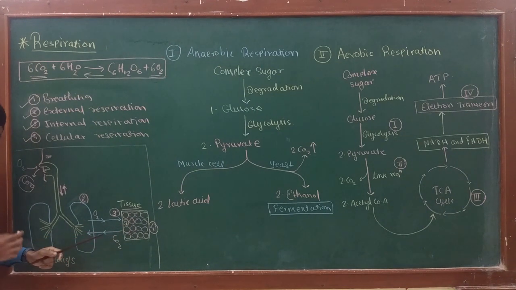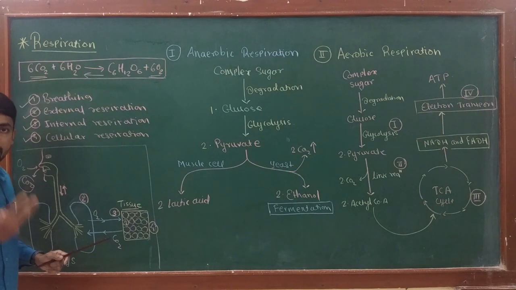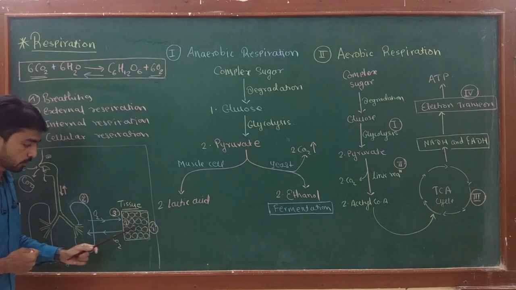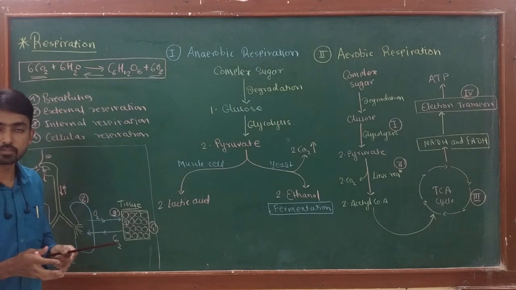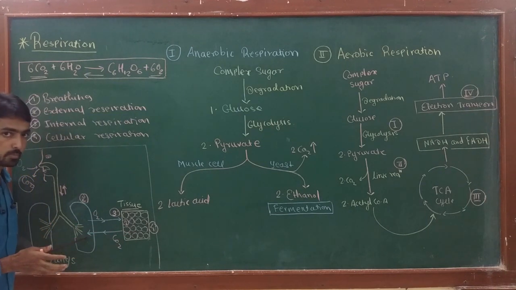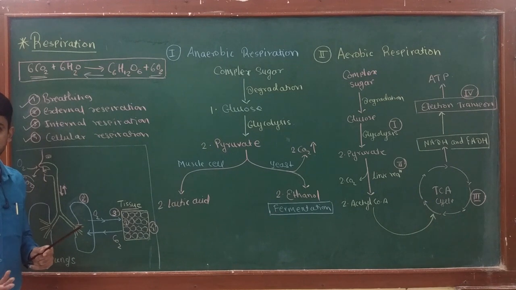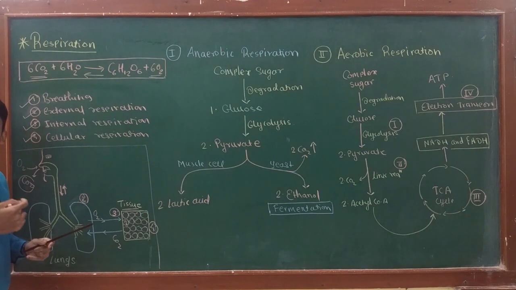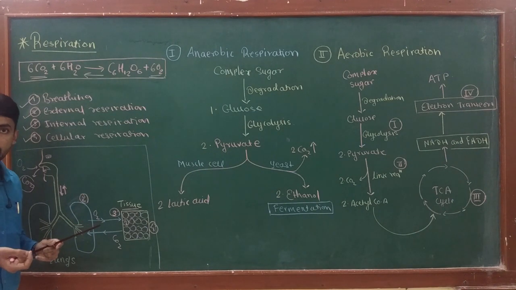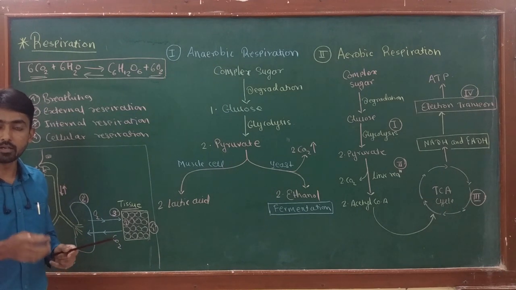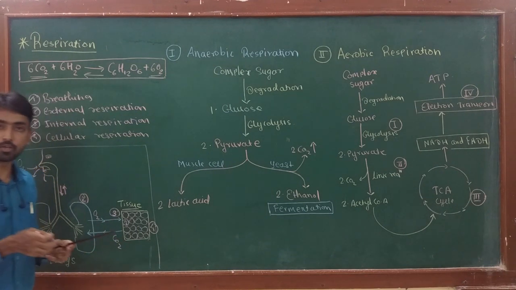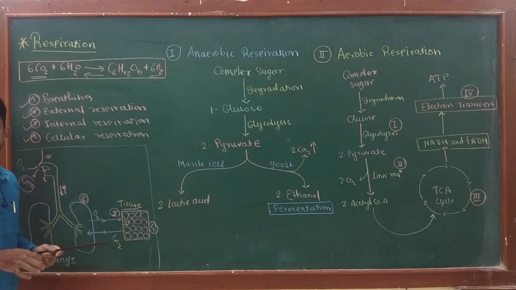This carbon dioxide is carried in 3 different forms by blood from tissue to the lungs. Generally, a large amount of carbon dioxide is transported from tissue to the blood in the form of bicarbonate ion, sodium or potassium bicarbonate. A small amount of carbon dioxide also combines with hemoglobin to form carboxyhemoglobin. And some amount is transported inside the plasma in the blood.